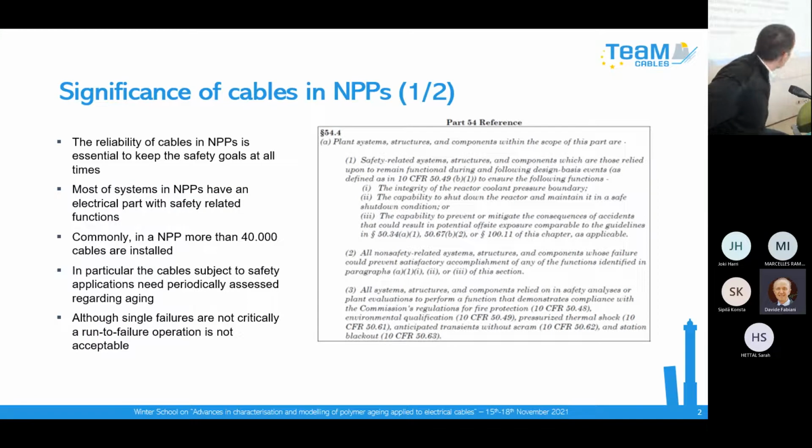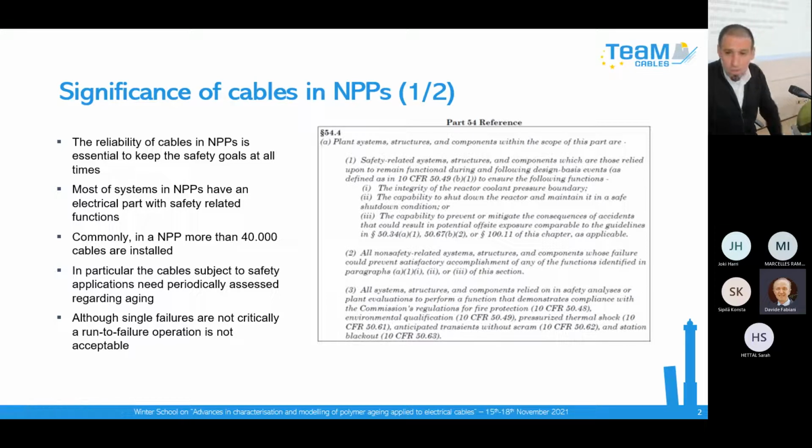So, here we see the starting point in general is the regulatory law. Although I think we have no Americans here, I chose American law to show you, because the other ones maybe you know, but it's quite similar. In all cases, it's the same.